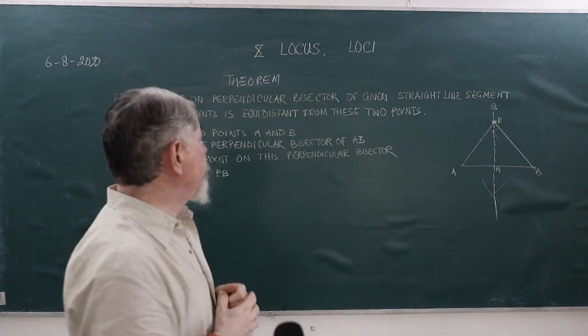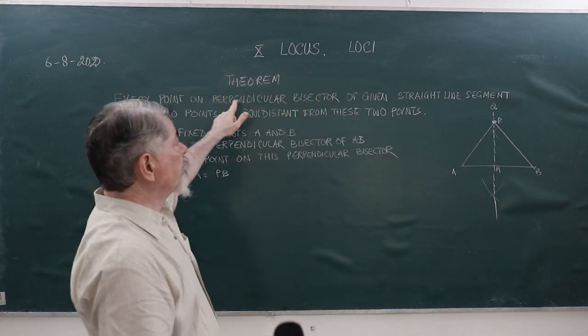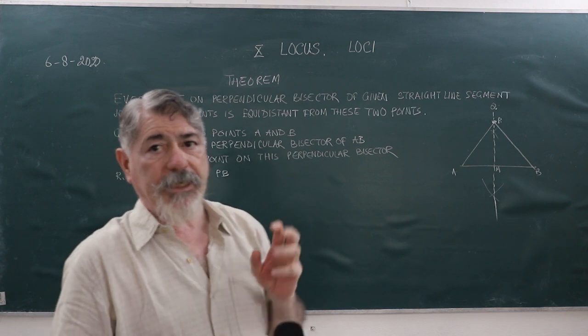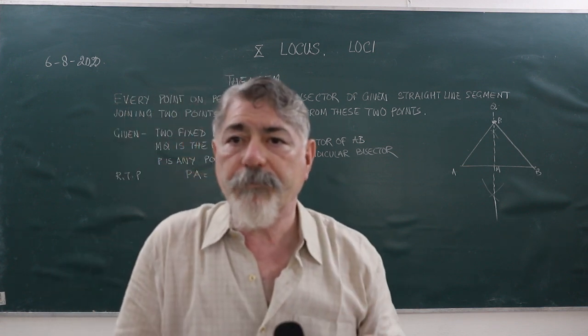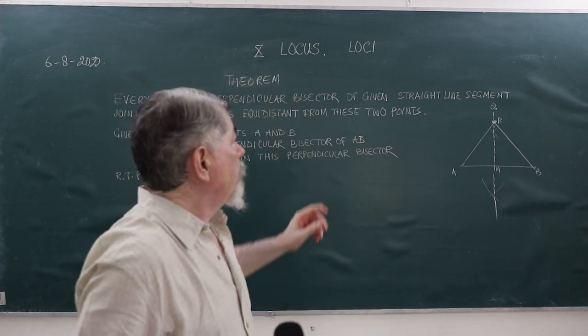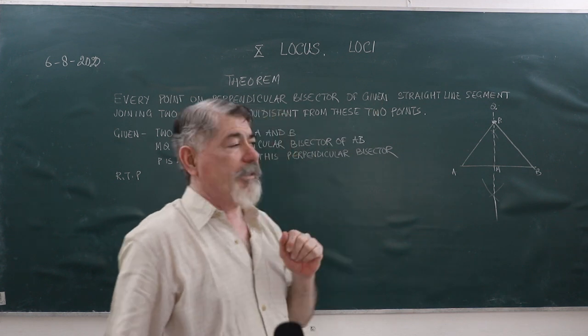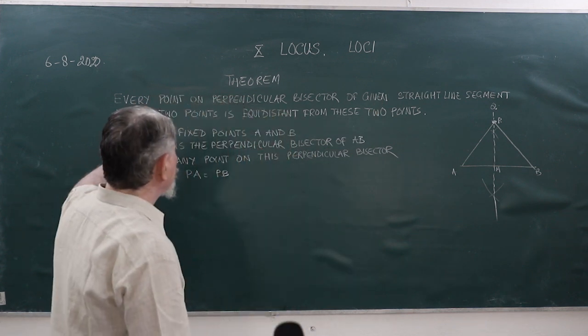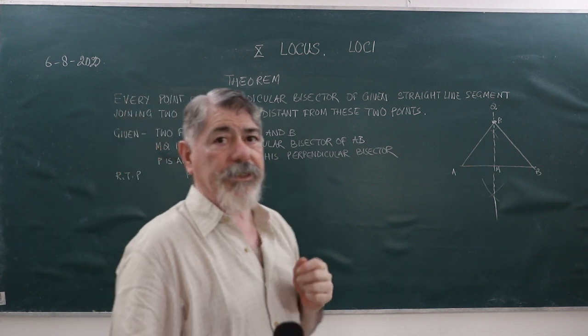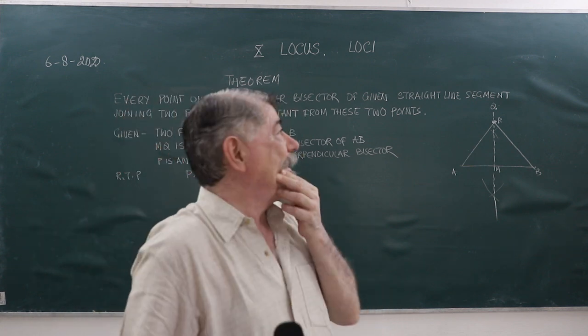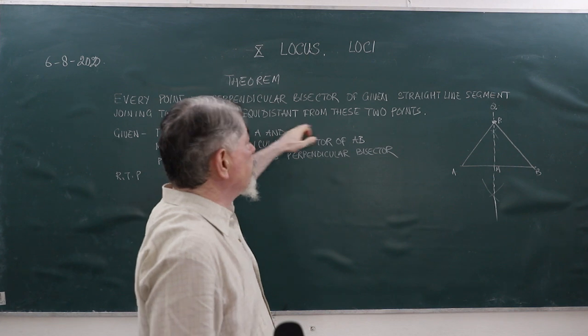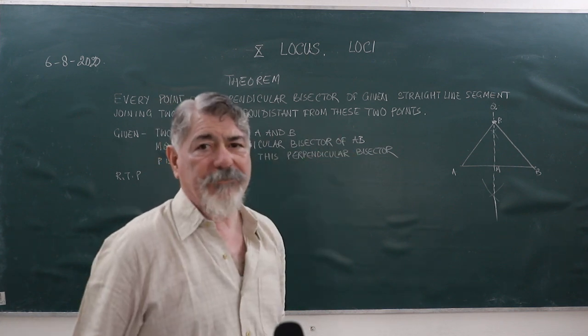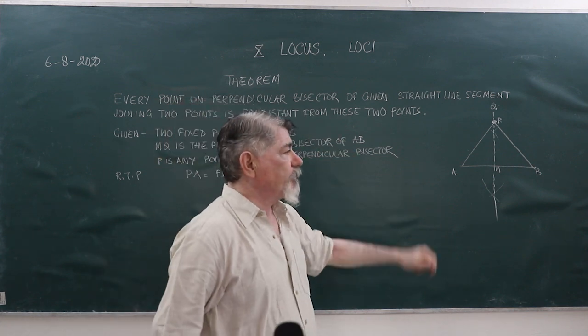Here the statement is: every point on the perpendicular bisector of a given straight line segment joining two fixed points is equidistant from these two points. What does it mean? Look at the figure.